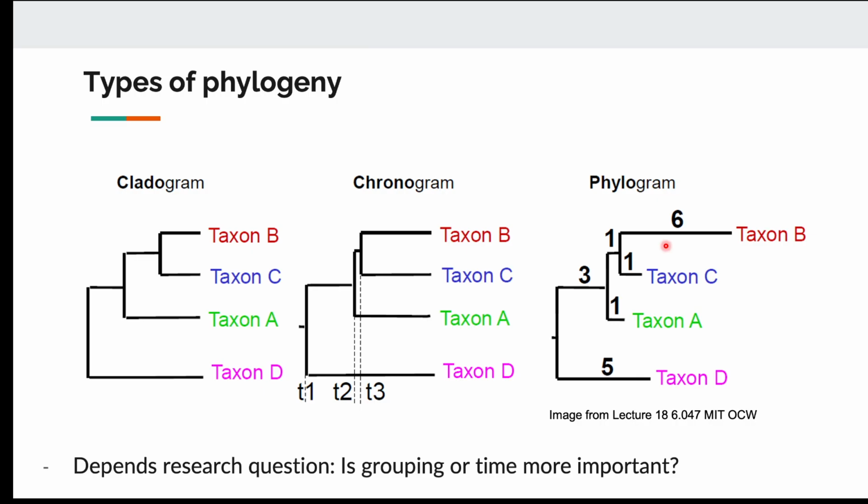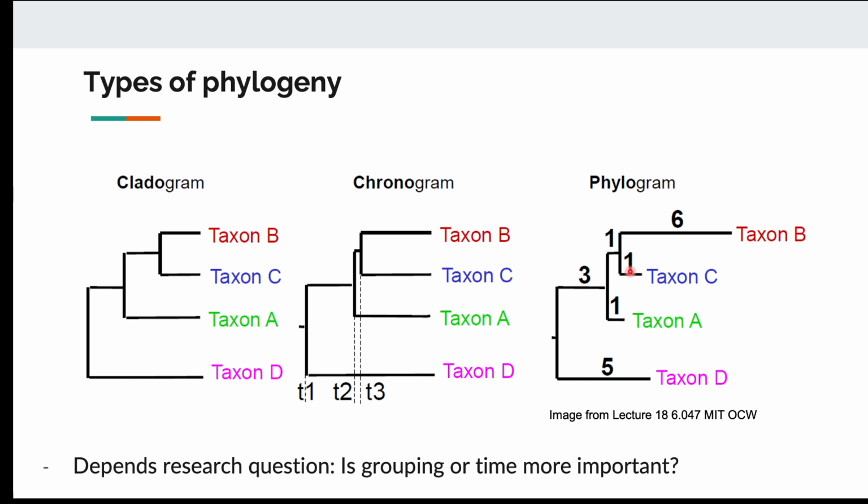How many mutations occur? If a lot of mutations occur, then you get a long branch. If a small number of mutations occur, then you get a short branch. We no longer care that the time has to be 2025 all the way. We want to show that there are more mutations here and fewer mutations here.